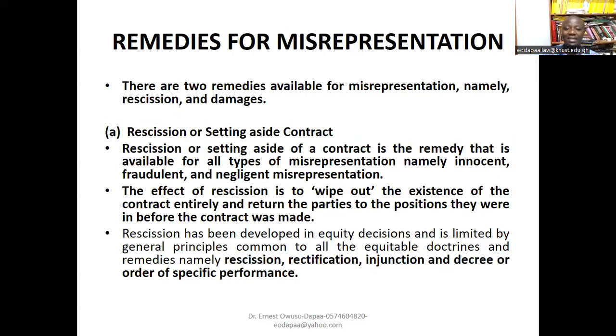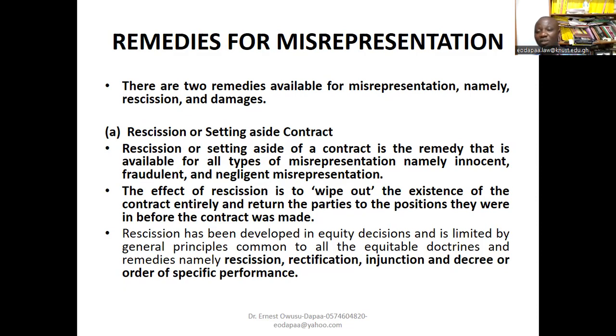So what are the remedies for misrepresentation? Two main remedies, rescission and damages. We've talked about them variously as we come through the case. Rescission simply means setting aside the contract. And this is available for all types of misrepresentation, be it innocent misrepresentation, fraudulent misrepresentation, negligent misrepresentation.